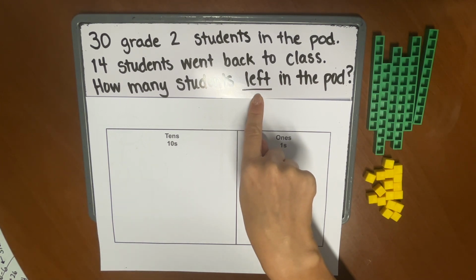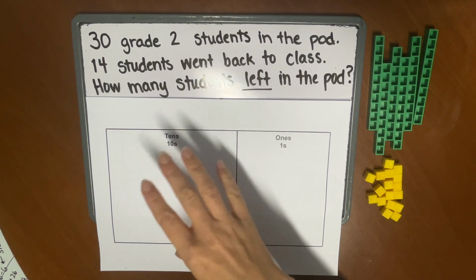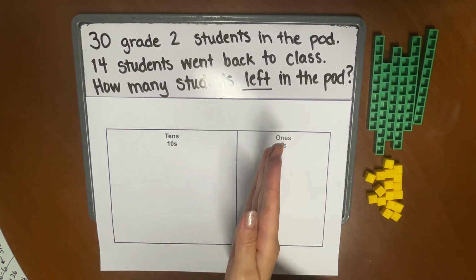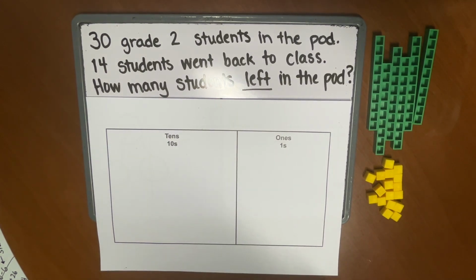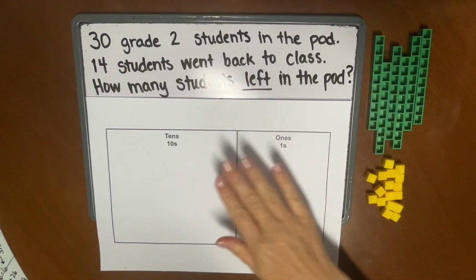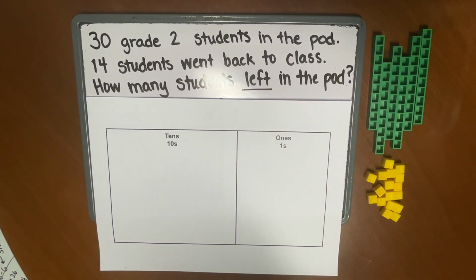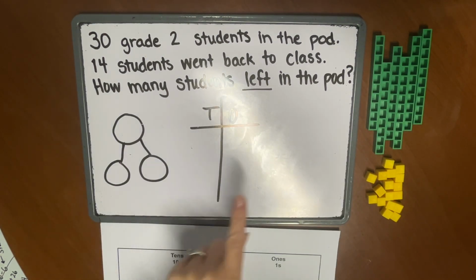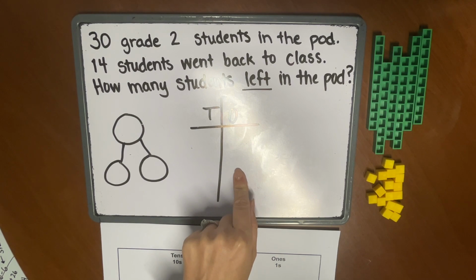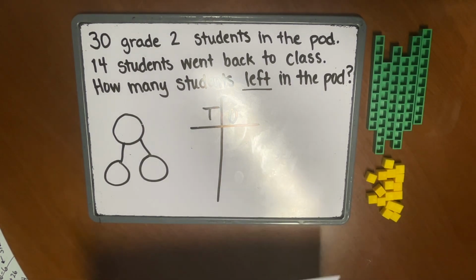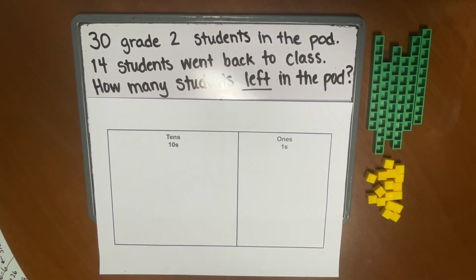If you said left means how many were still in the pod, or how many were there after the students left the pod, you are correct. It's what remained. Go ahead and build this problem with base 10 blocks and your place value chart. When you finish building it, try drawing your part whole and your tens and ones chart. If you have time, write your number sentence or equation to match. Pause the video and give it a go.